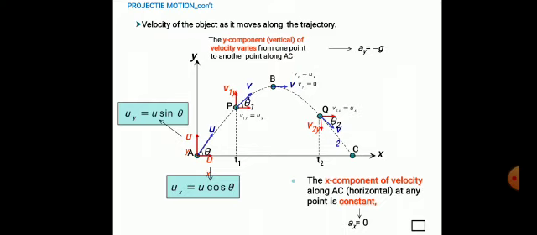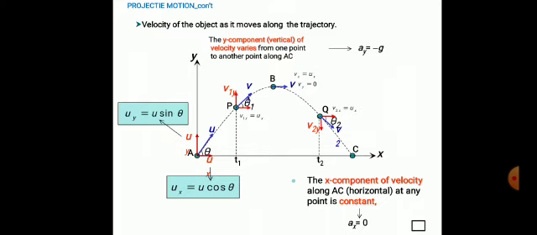Okay, and at Q, the velocity is pointing downward as v2y. And at point C, the velocity is longer along the y component compared to point Q. So all these 5 points show that the velocities along the y components are changing.